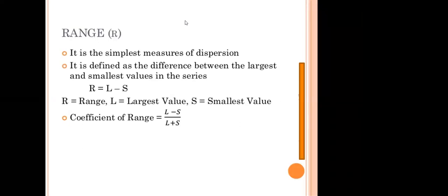This is the formula of range, where R is the range, L is the largest value, and S is the smallest value. Also, the coefficient of range is equal to L minus S over L plus S.